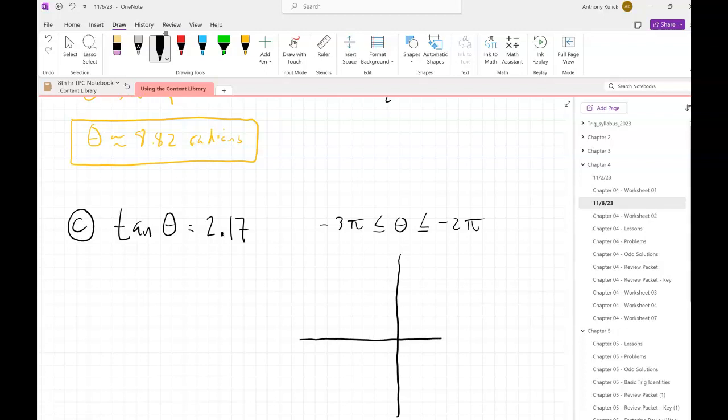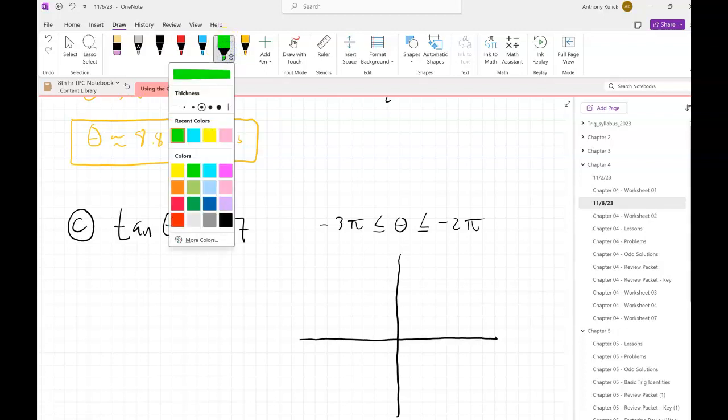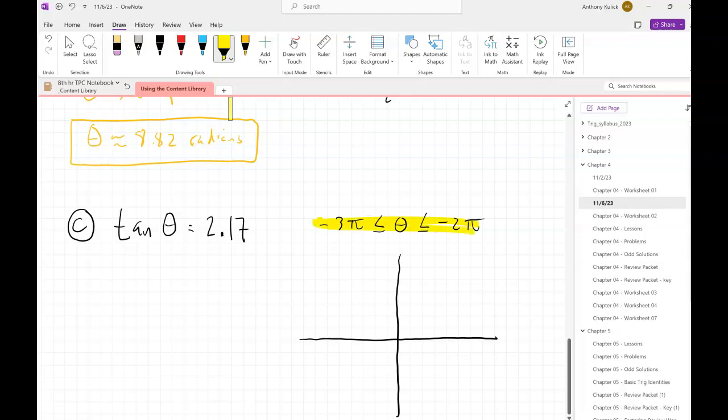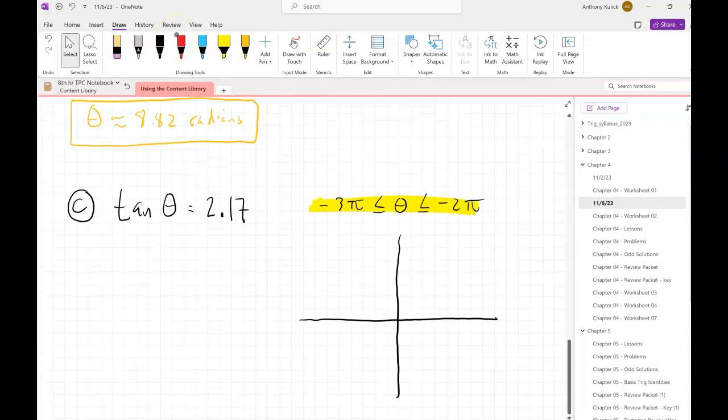So we'll start by drawing our picture. We'll try to figure out what quadrants our answer lies in. So this time it's a negative angle, so which way am I going? Clockwise, right?